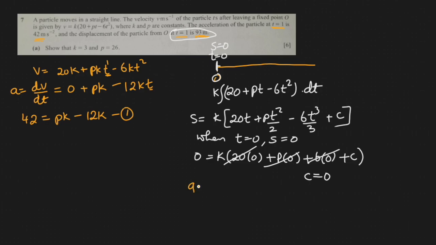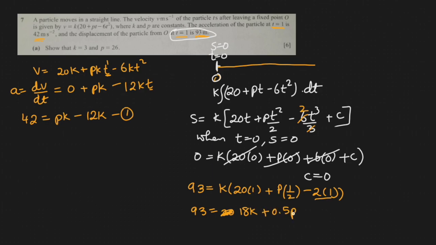So 93 equal to k times 20 times 1 plus p times 1 square over 2, so 1 over 2, minus 2 times 1 cube, so 93 equal to 20 minus 2, 18k plus 0.5 pk. That's our equation number 2.